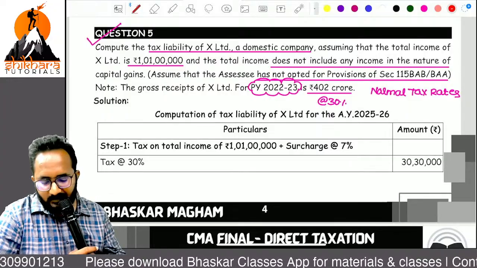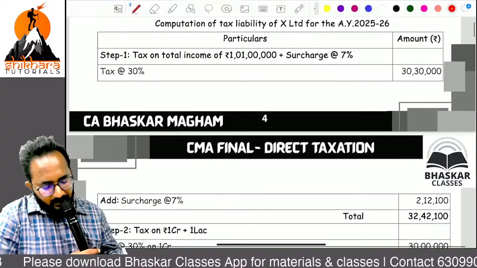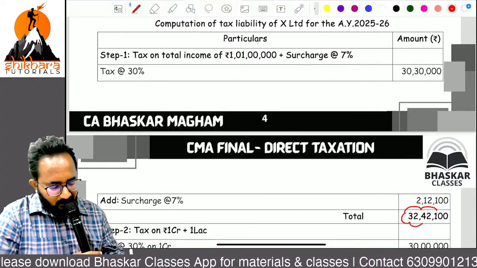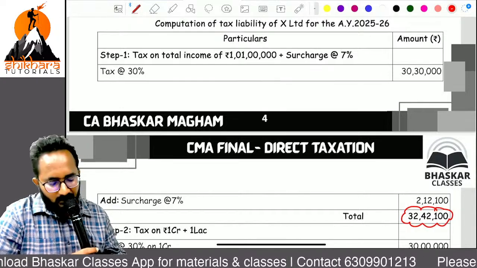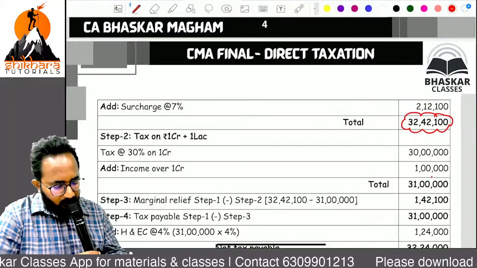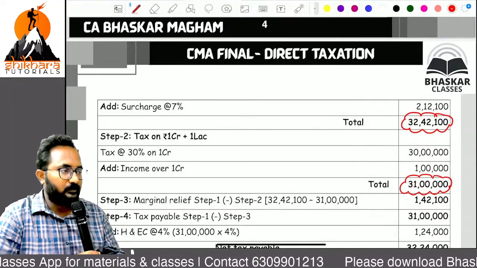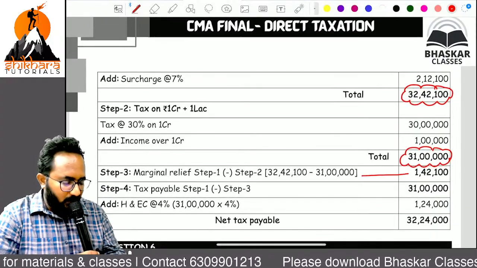Online students, how many of you got the step 1 answer as 32,42,100? Step 1 answer you got the same, super. Step 2 answer, how many of you got 31 lakh? Yes. Is marginal relief there or not? Yes.